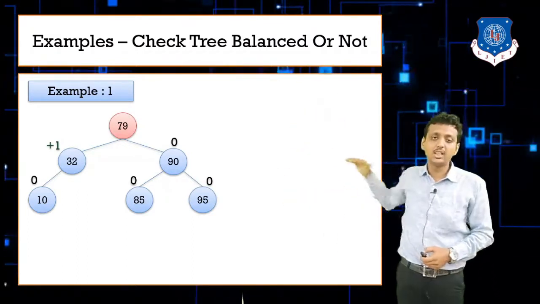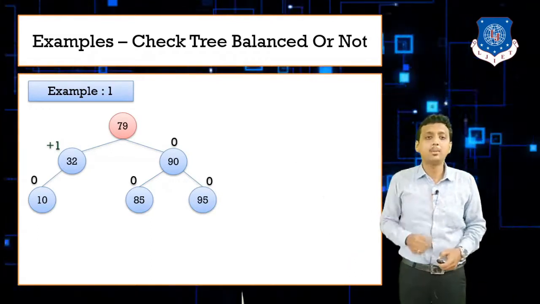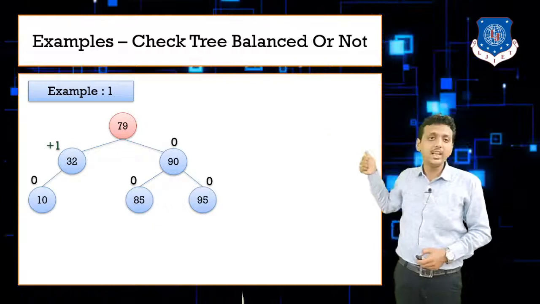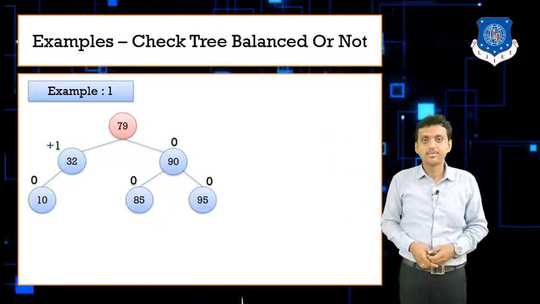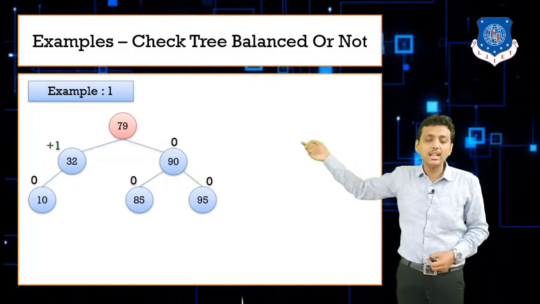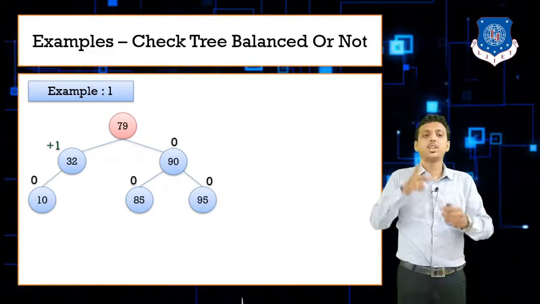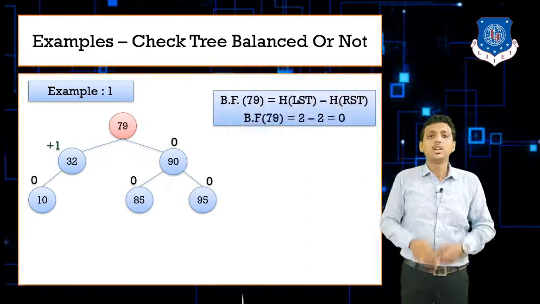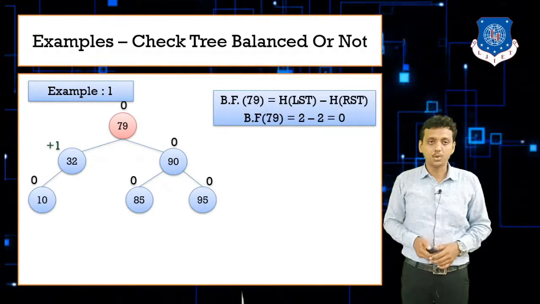One level at 32, one level at 10. Now what is the height of the right subtree? First the 90 level and then 85 and 95. So it's again 2. So the balancing factor for 79 is 2 minus 2, which becomes 0.